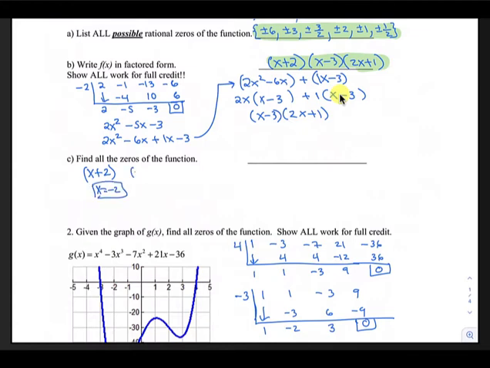From the x minus 3 factor, the zero would be x equals positive 3. And then from the factor of 2x plus 1, the zero is going to be negative 1/2. So those are our zeros: negative 2, negative 1/2, and positive 3.